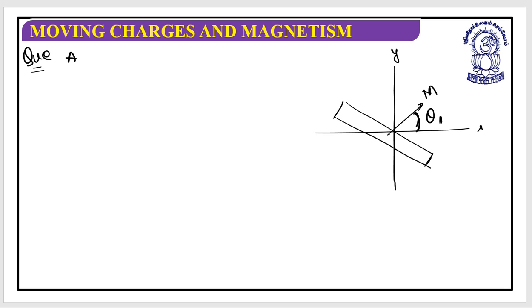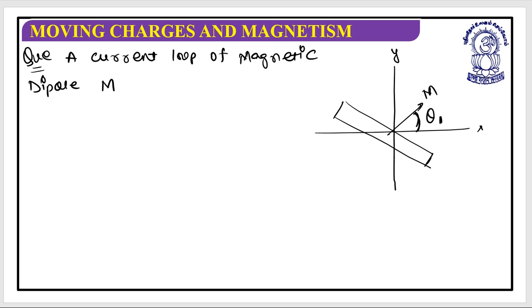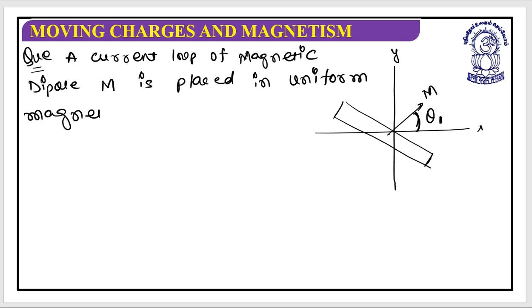So the question says that a current loop of magnetic dipole moment M is placed in a uniform magnetic field B is equal to B naught I cap. So the magnetic field is in the X direction.